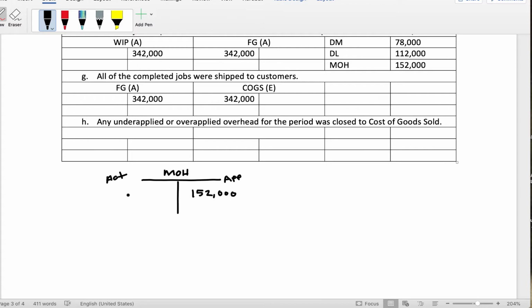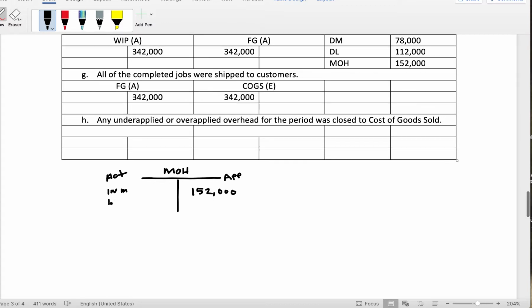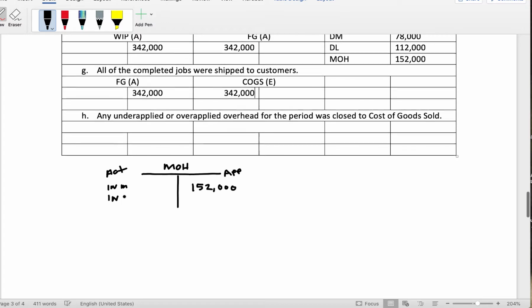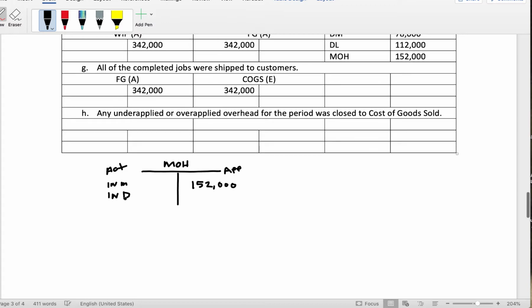So now we have to figure out how much we actually incurred. I'm going to abbreviate: indirect material, indirect labor, and other, because we had three journal entries where we hit our manufacturing overhead.